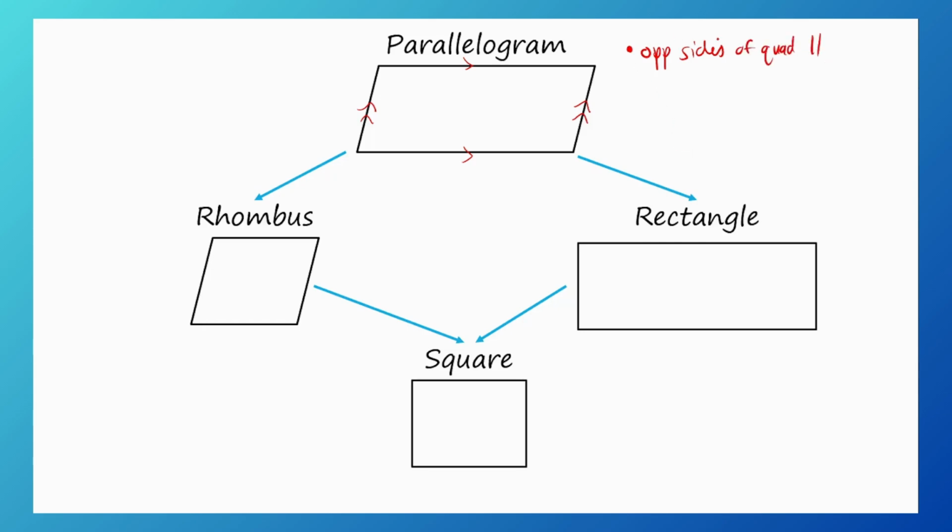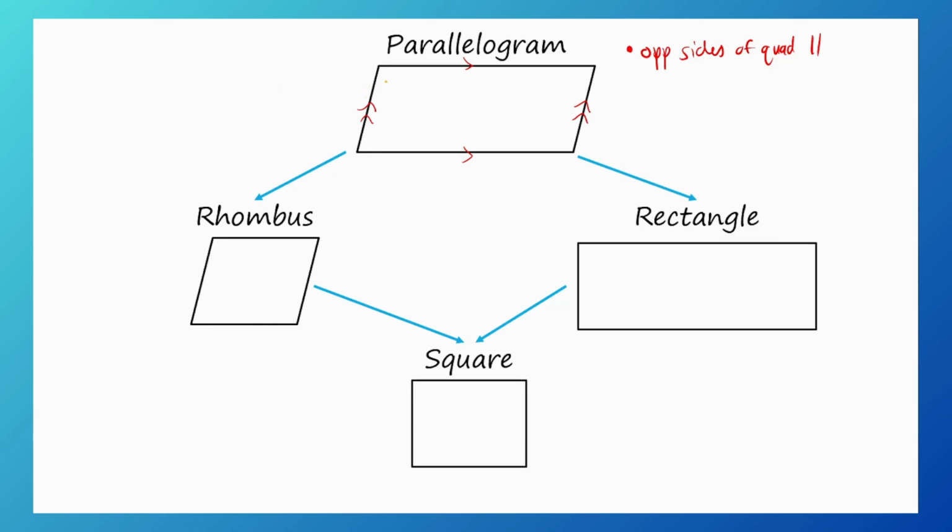Okay, so this would be your reason. And you have to say quad because you can't call it a parallelogram while proving a parallelogram. You call it what you know it to be in your reason. Okay, so you say it is a parallelogram because the opposite sides of the quad that you were given are parallel.